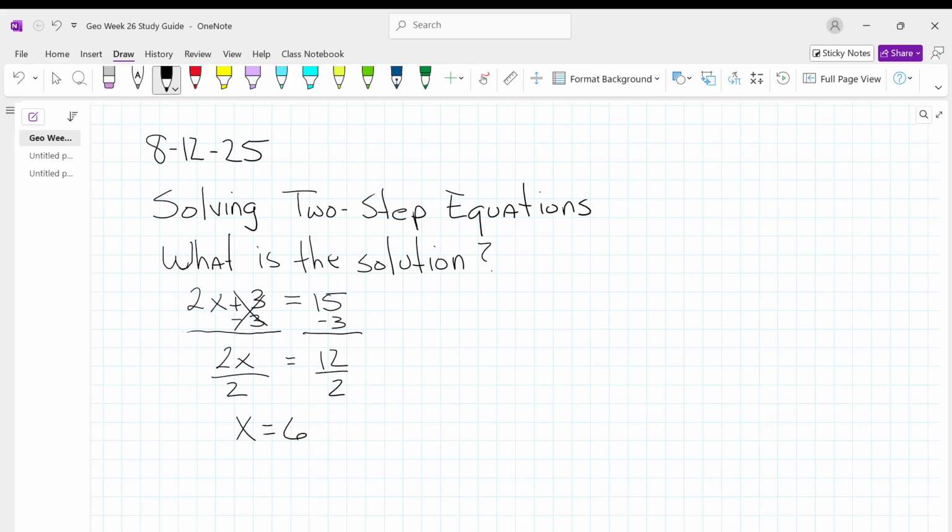If we get a problem like 5 equals t divided by 2 minus 3.